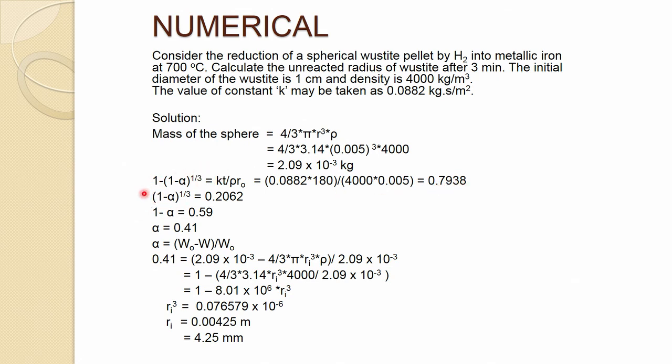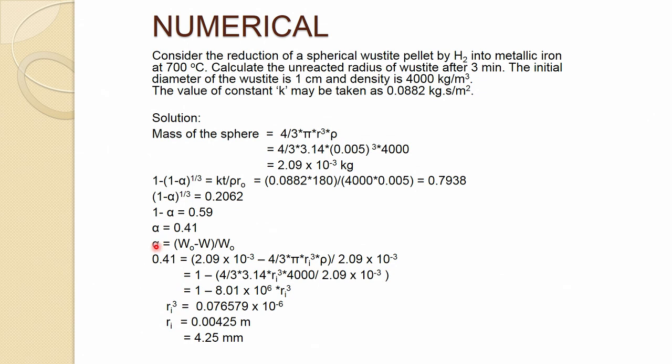When you bring this to this side and subtract from 1, it gives you 0.2062, and finally 1 minus alpha will give you 0.59 and alpha will give you 0.41. So, the fraction reacted would be 0.41.